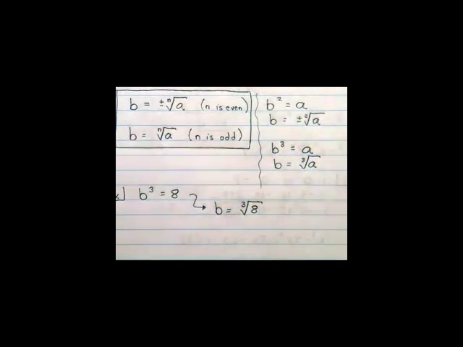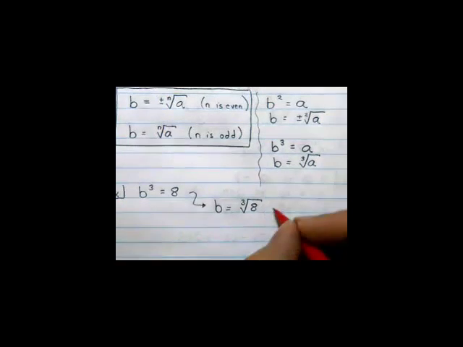And the cube root of 8, kind of like a square root, you ask yourself, what number, if I multiply it by itself, do I get this as an answer? A cube root, I have to do it 3 times. So what number times itself 3 times gives me 8? And it's 2, right? 2 times 2 times 2 is 8. So the answer to this is 2, okay?